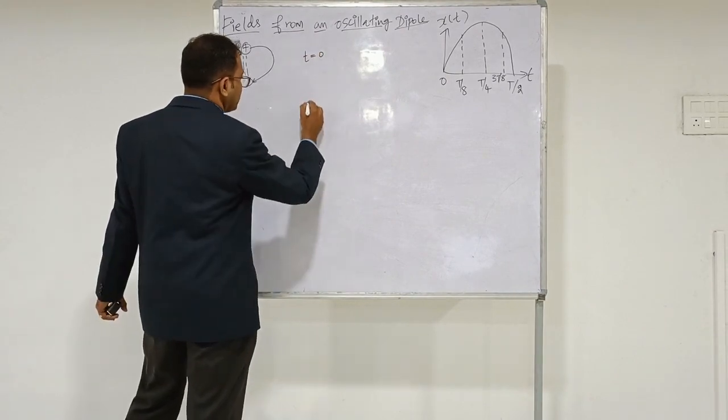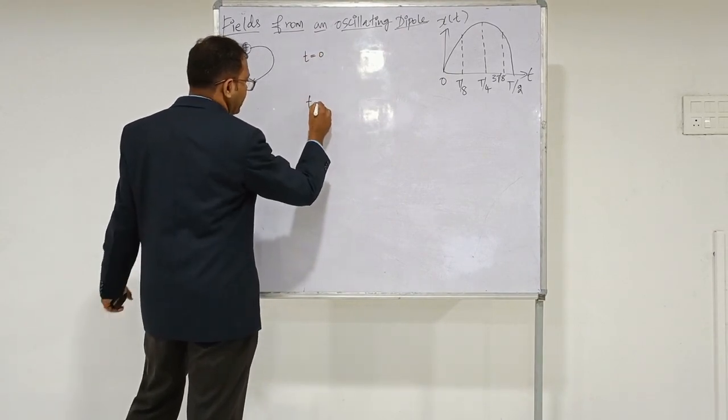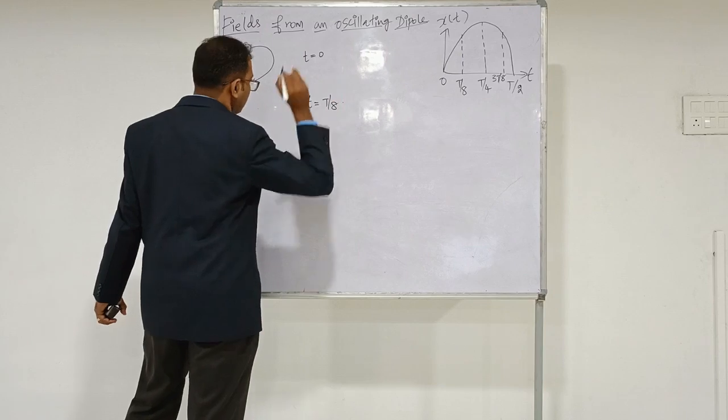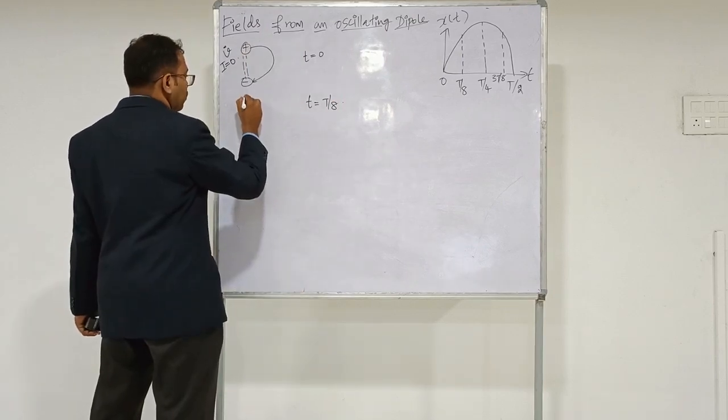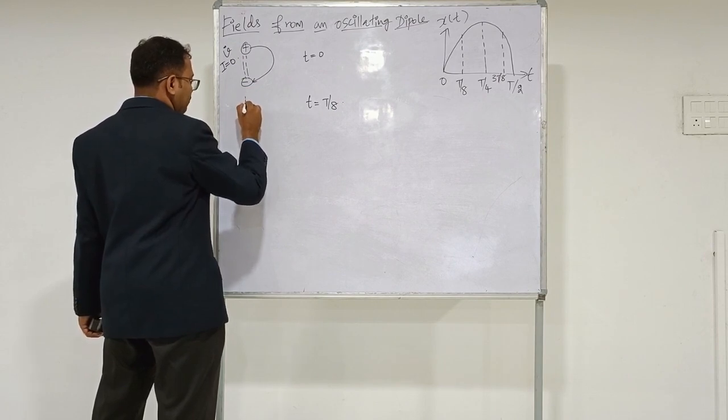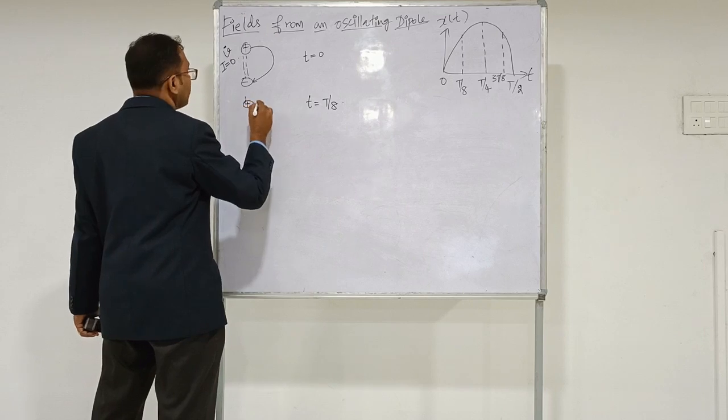Now let me consider a time t equal to T by 8. At T by 8, the charges would have moved from the extremities. So they are somewhere here.